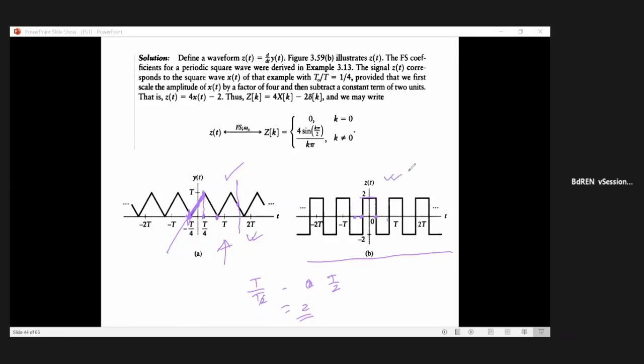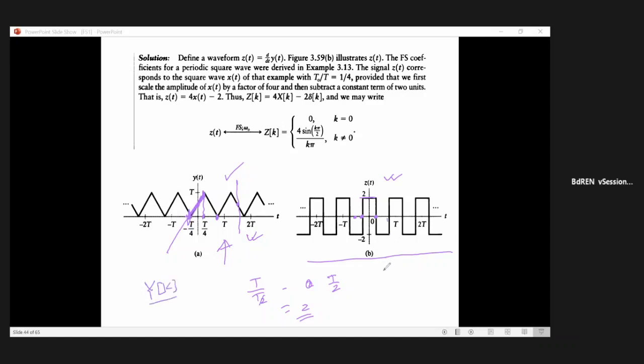So which wave is easier to Fourier analyze? The triangular one or the square one? The square one. You can even use the previously obtained result to find the Fourier series of your z(t). If your z(t) is available, then how can we find our y(t)? For example, your objective was to find the Fourier constant Yk.